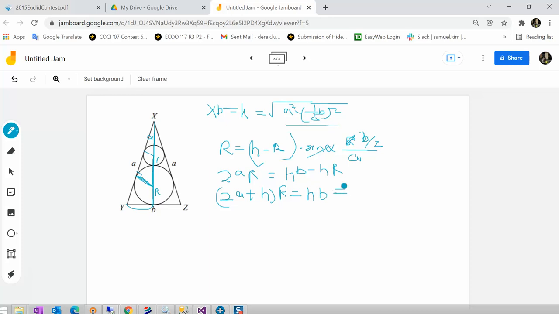Now we say r, we got it. R will equal to 2a plus h, right?